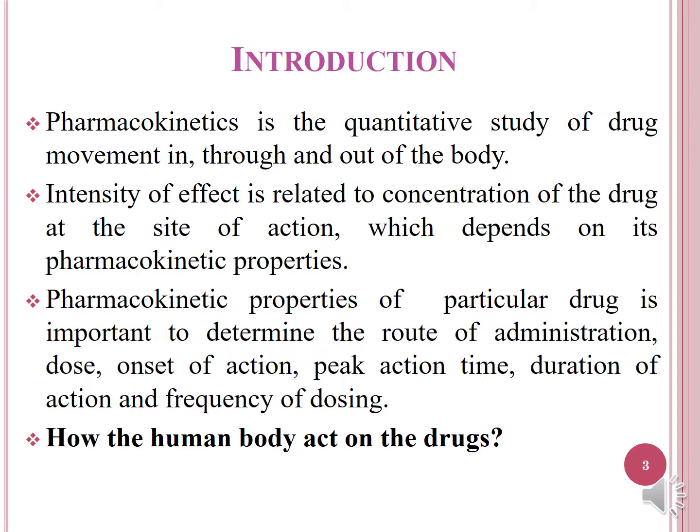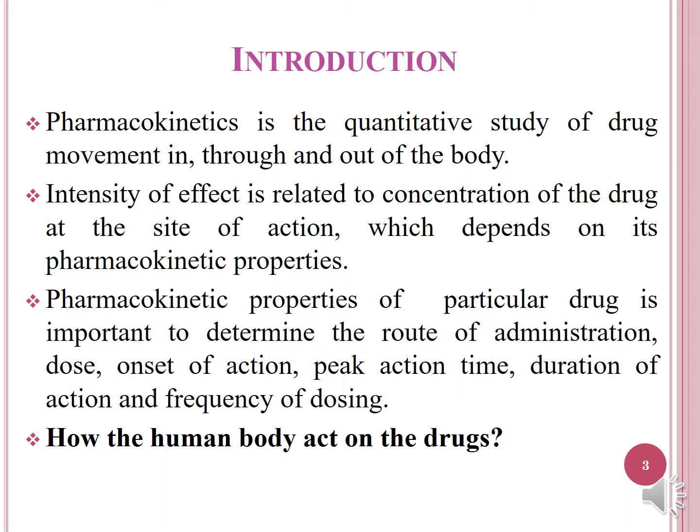And the pharmacokinetic properties of a particular drug are important to determine the overall dosage, the route of administration, which dose is supposed to be given, and what is the onset of action.